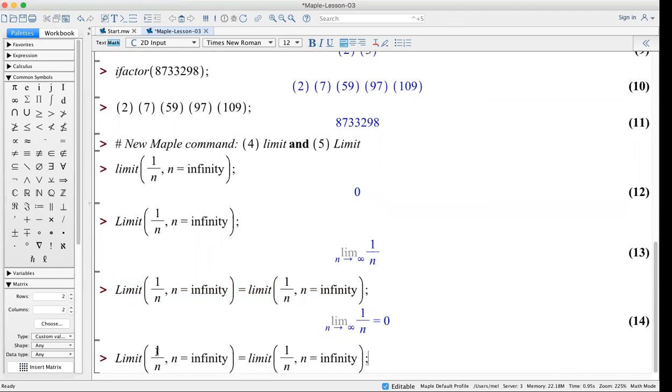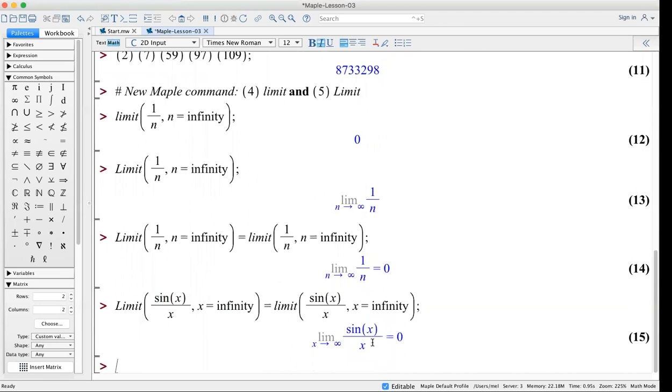So for example, if I had sine of x over x as x goes to infinity, I get this fundamental theorem from Calculus 1.